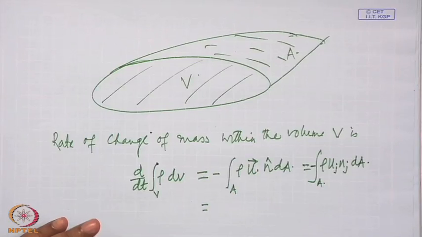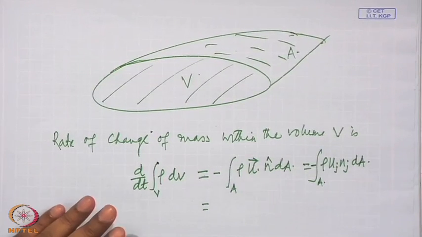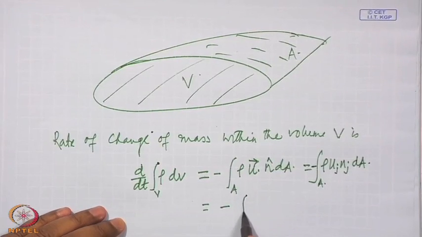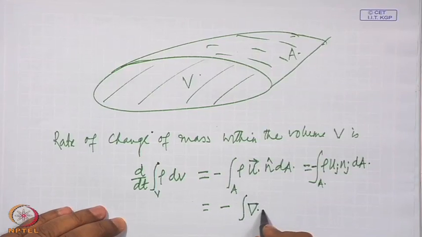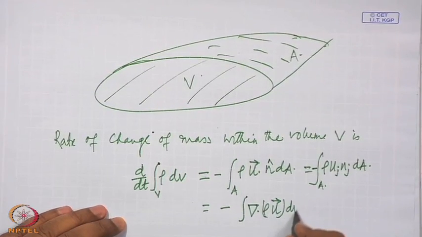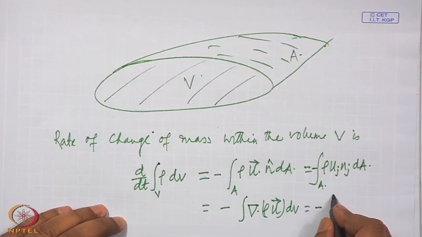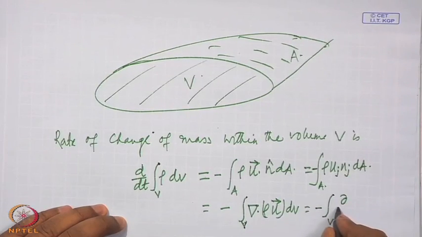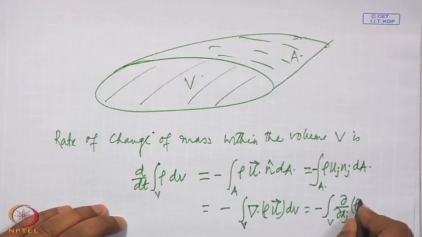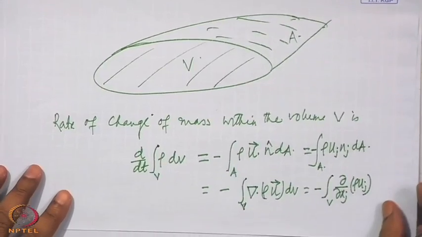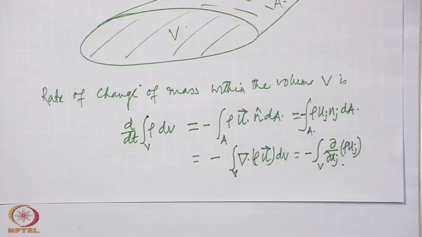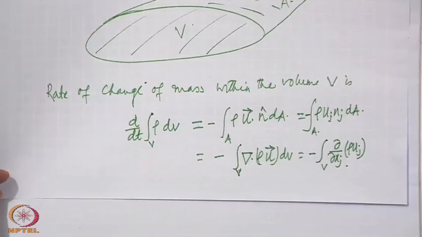We can use the divergence theorem again to change it to a volume integral, or in vector notation, that is the index notation for divergence. And once again this gives the same thing.